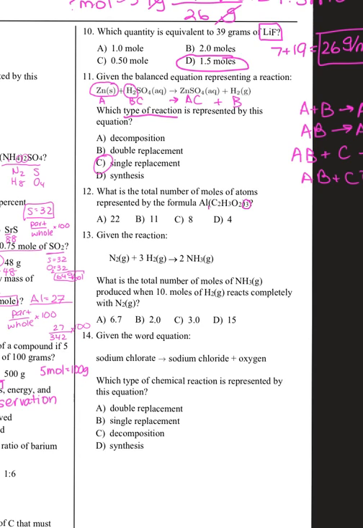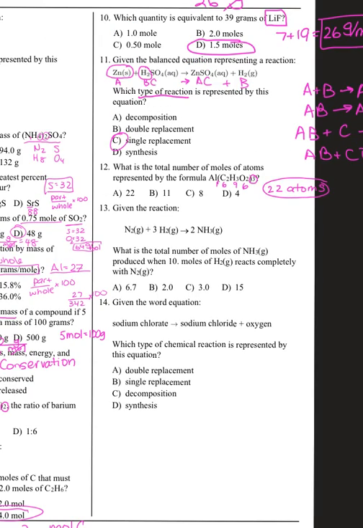I have 3 times 2, that's 6. 3 times 3 is 9. 3 times 2 is 6. And we have the 1 from the aluminum that we're not going to forget about. So this is 22 atoms in this compound, right? 1 plus 6, 7, and 9, and 6 gives us the 22 that we need.